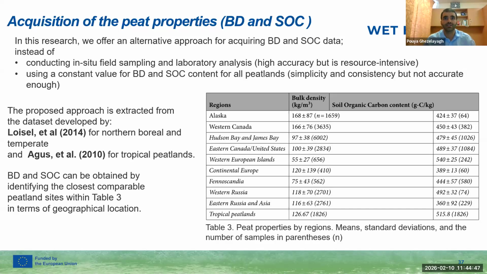If your case study is located in Alaska, you would be able to assign bulk density as 168, which is the result of 1,659 soil samples, and it's much better to use this value instead of that fixed value of 80, and also for soil organic carbon content.